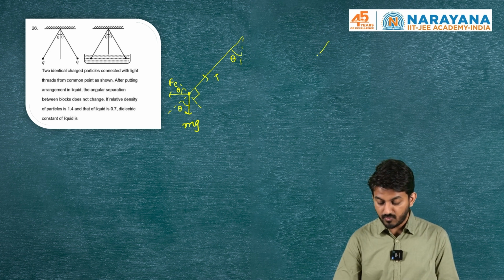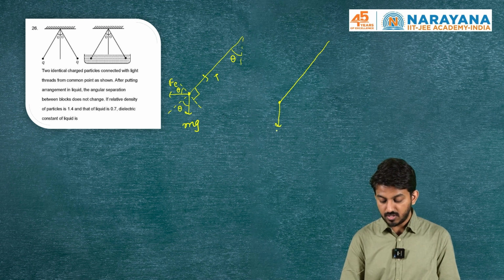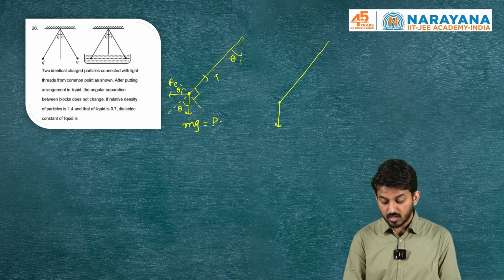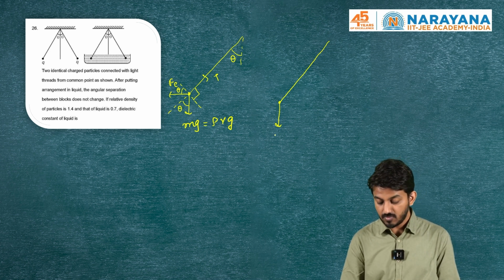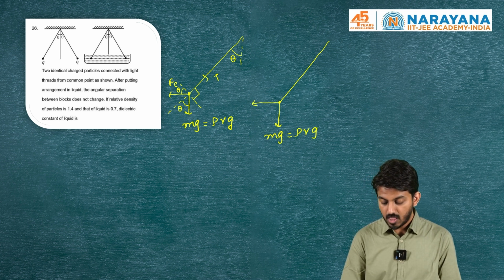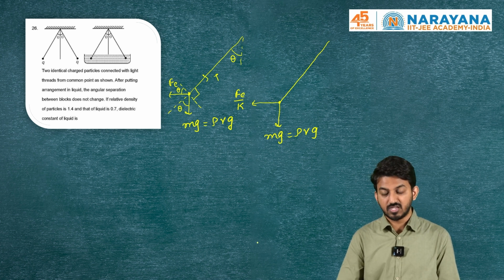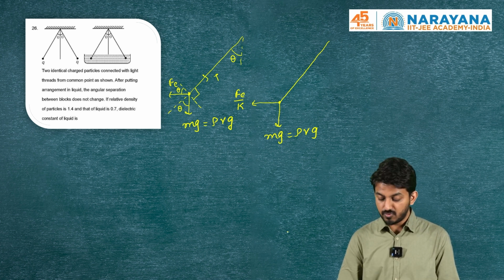In the other case, if I draw, I'll have the same mg, which I can write down as rho Vg, where rho is the density of the particle. So mg is equal to rho Vg. Now in this case, the electrostatic force of repulsion here will become Fe by K, where K is the dielectric constant, because the medium has changed, so we have to change the electrostatic force.